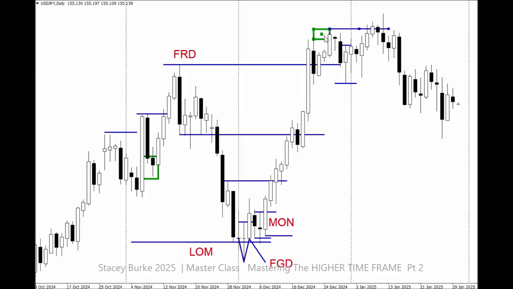Now I'll highlight that candle again for traders. A candle that demonstrates first green day characteristics. Pin down, closing as a bull candle at the extreme in a two-bar pattern, a bear candle down, a first green day candle, and then we head into our new month and we start again.